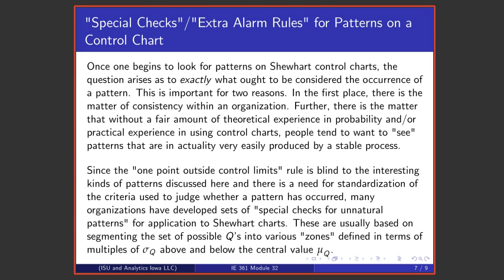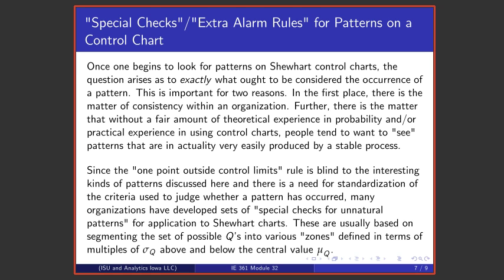Once you begin looking for patterns on control charts, the question arises as to exactly what ought to be considered to be a pattern. That's particularly important in organizations where multiple operators are going to make control charts. There has to be some standard agreement as to what a pattern is and what a pattern is not.